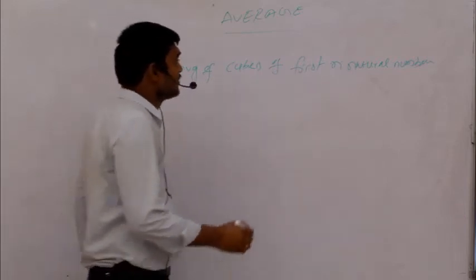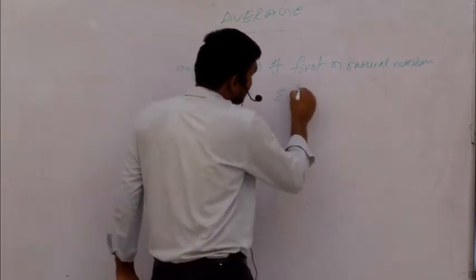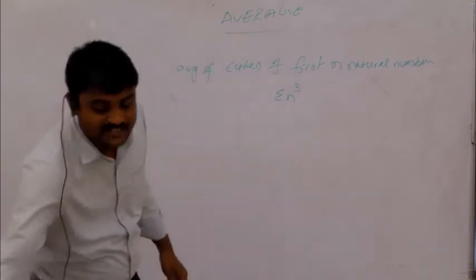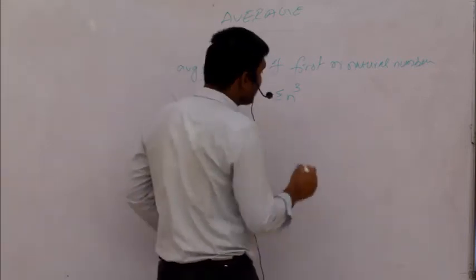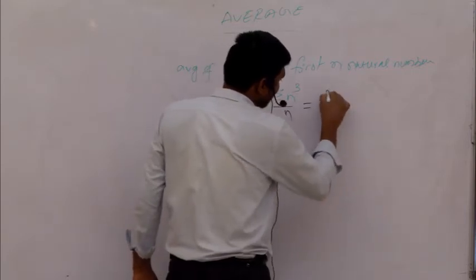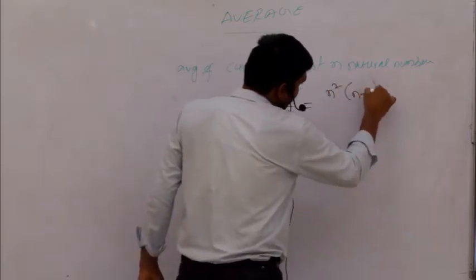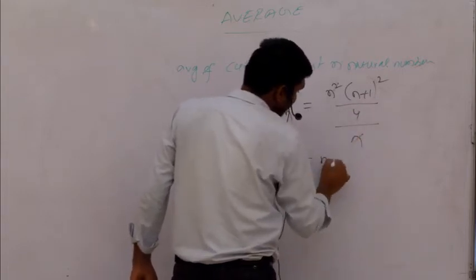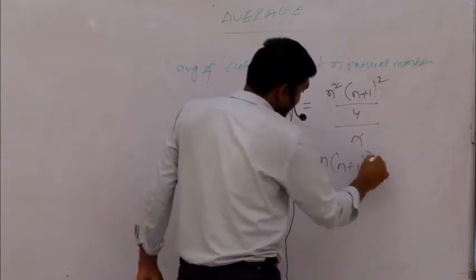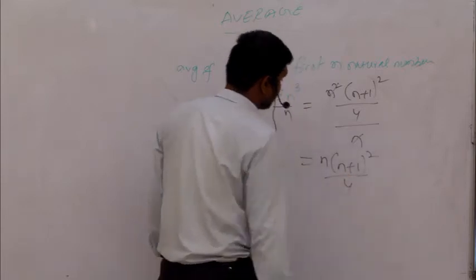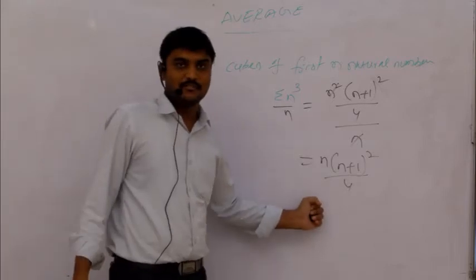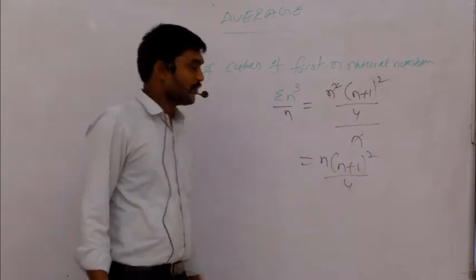That is sigma n cube by n, so that is n square into n plus 1 whole square by 4, by n cancel. So, that's why n into n plus 1 whole square by 4. Average of the cubes of the first n natural numbers is n into n plus 1 whole square by 4.